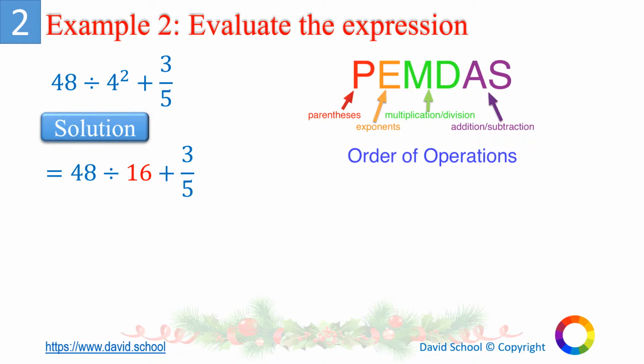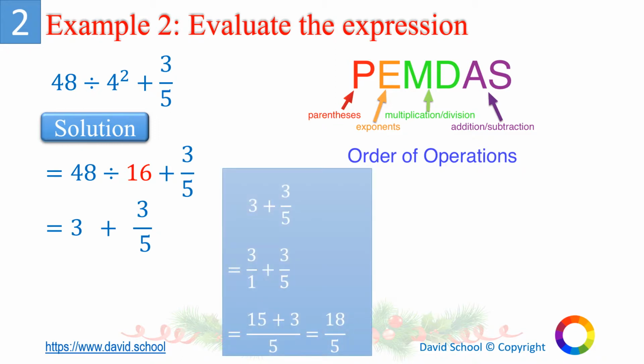We have a division here, 48 divided by 16, which is 3, plus 3 over 5. Now 3 plus 3 over 5 can be simplified in two different ways. One is to find the LCM, make a common denominator, and add the numerators. Then we get 18 over 5. Otherwise, simply write 3 plus 3 over 5 as a mixed number, 3 and 3 over 5.